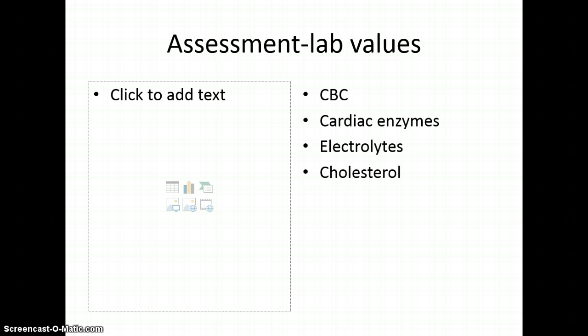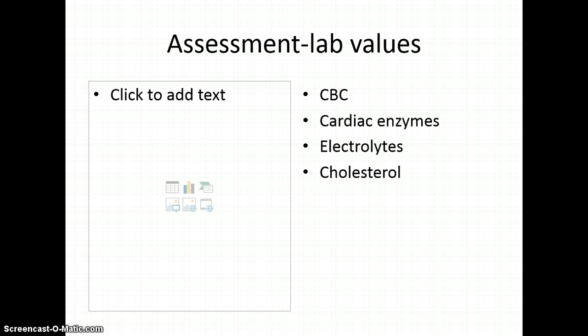As we look at our lab values that go with our assessment for this unit, a CBC, complete blood count, is looking at that white blood cell. Do they have an infection that goes with pneumonia? Our cardiac enzymes are going to go with that person that's possibly having a myocardial infarction, or a heart attack, and we have to rule out, are there problems with that heart?